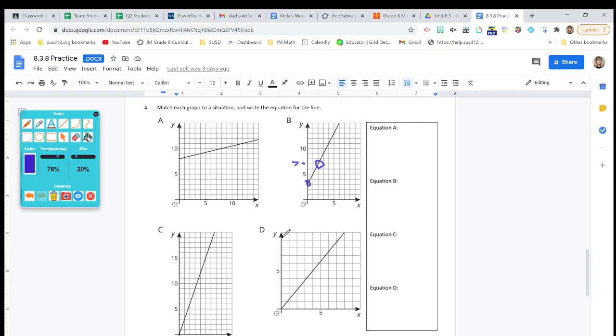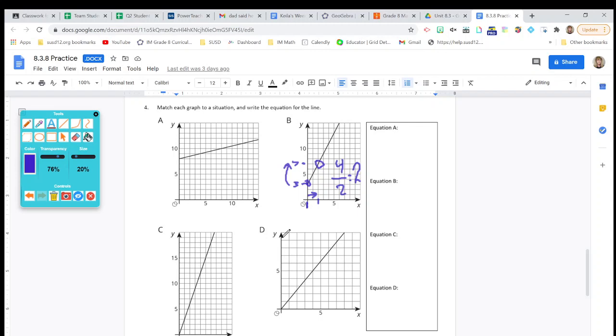From 3 to 7, the rise is from 3 to 7, and the run is from x equals 0 to x equals 2. So the slope of the line is a rise of 4 units and a run of 2 units. 4 over 2, if you simplify that, it is 2.